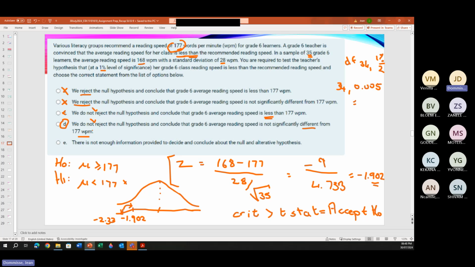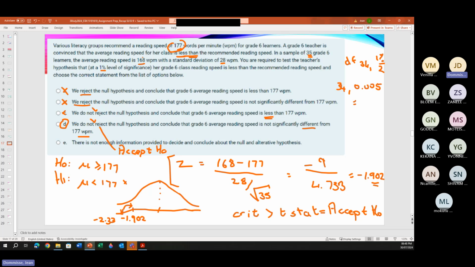What I would have loved is that they say, rather, let's accept the null hypothesis. Do not reject is the same as accepting the null hypothesis. And by accepting the null hypothesis, we say that no, the teacher is not right.